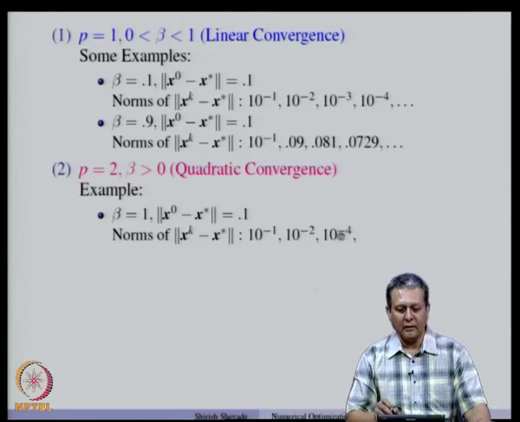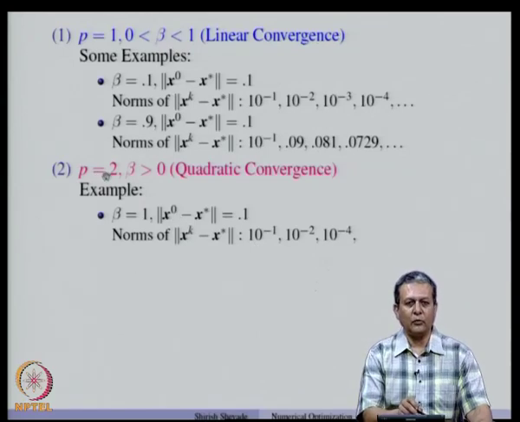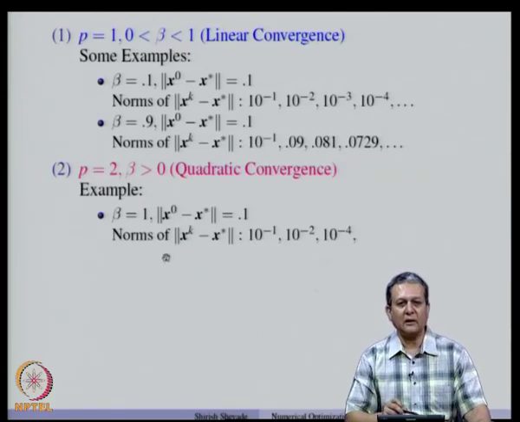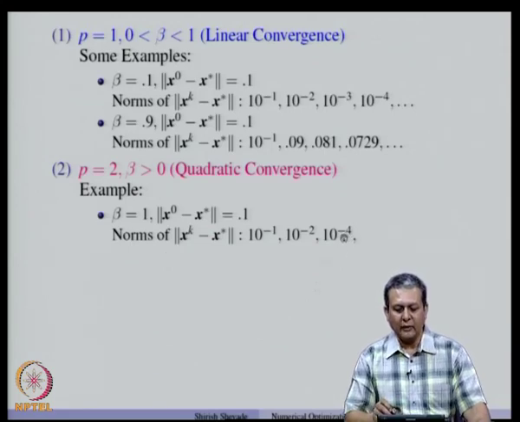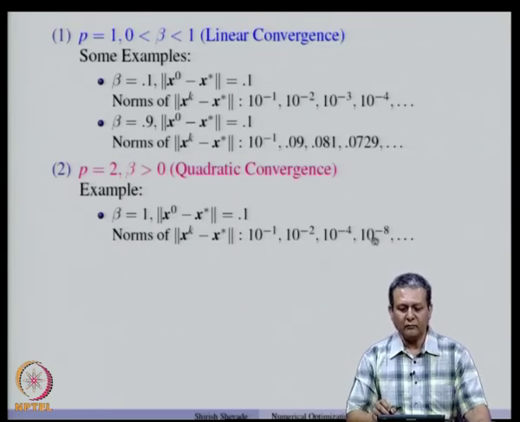Then remember that we have p equal to 2. So, the norm of xk minus x star gets squared in determining the norm of xk plus 1 minus x star, right. So, in 3 iterations, the norm of xk minus x star has reduced to 10 to the power minus 8.